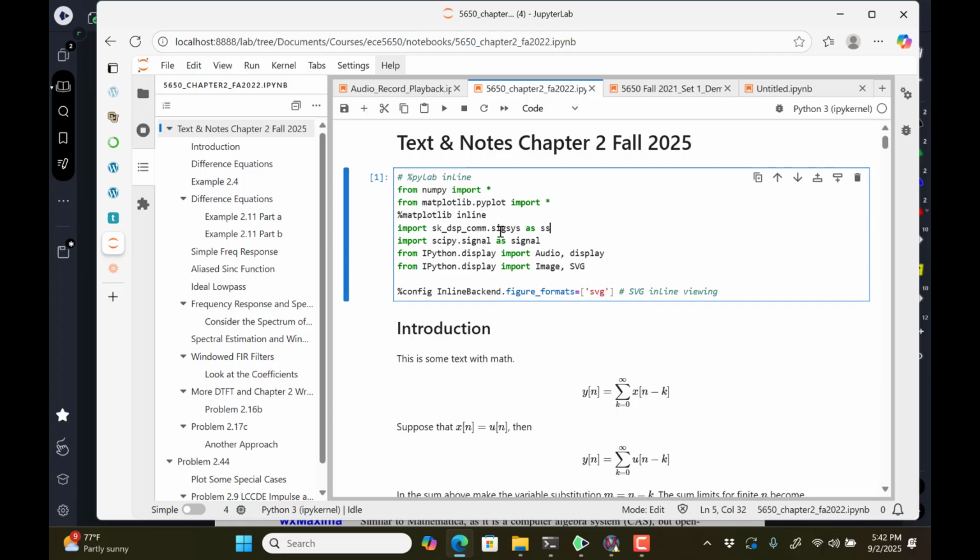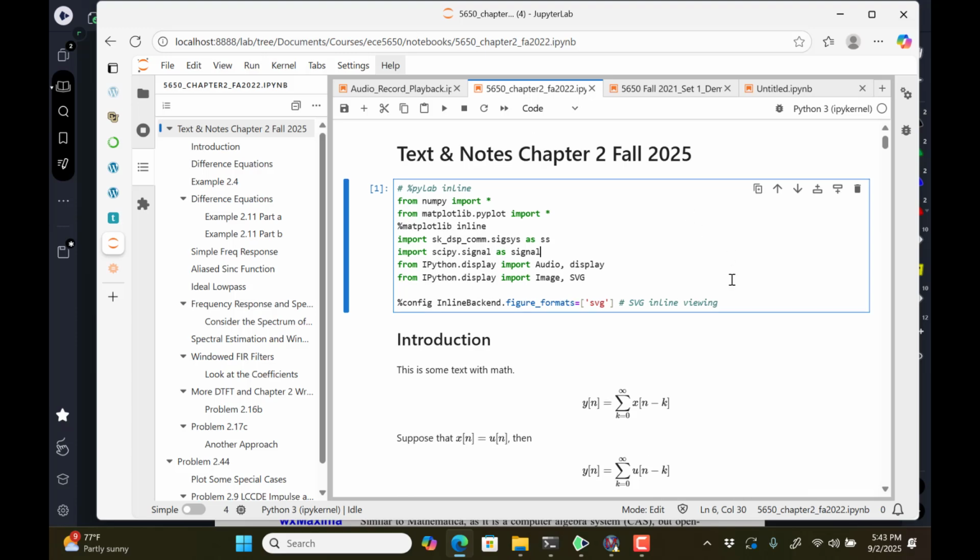And then I'm loading the SIGSYS module from my library, giving it an alias of SS. I'm loading scipy.signal, which is a core set of functions for DSP. I'm calling it just signal. And then I'm loading in some other pieces that aren't always used, but I am using the SVG library and the image library.